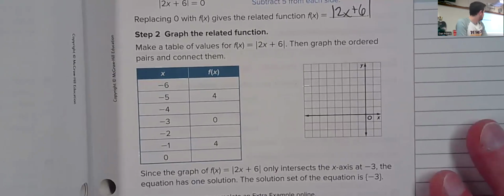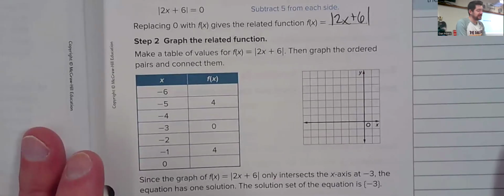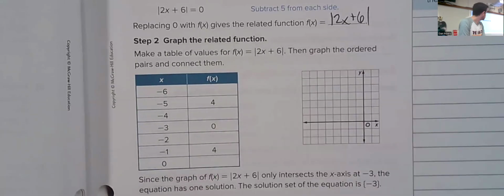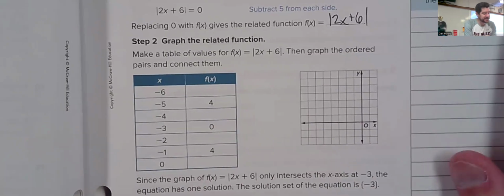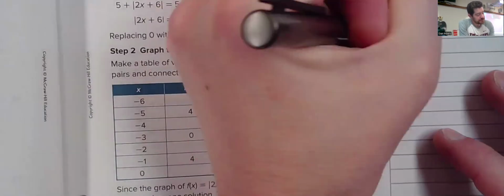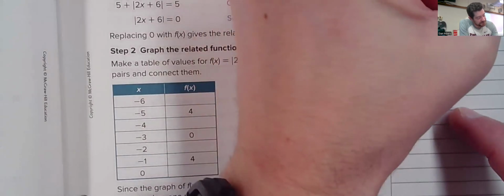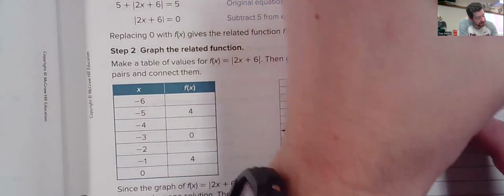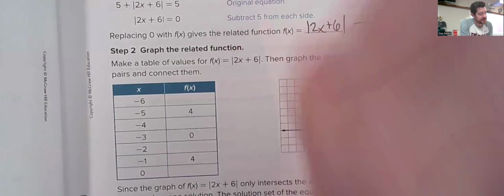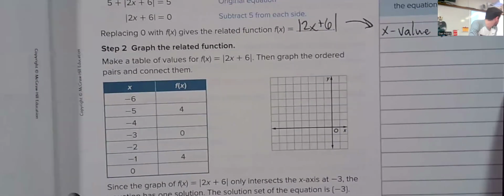You can actually know exactly where the vertex is based on the absolute value equation. So, the x value for the vertex.